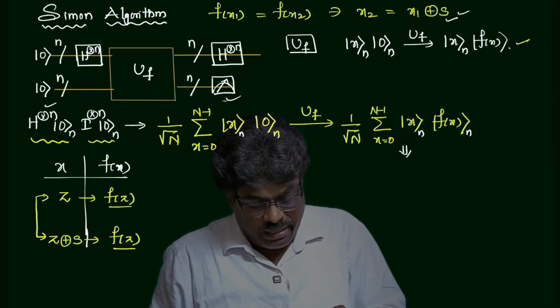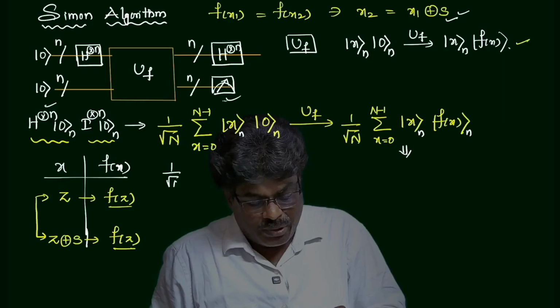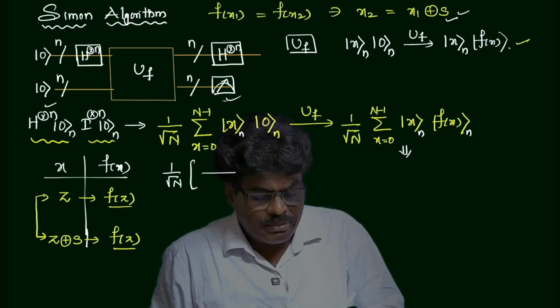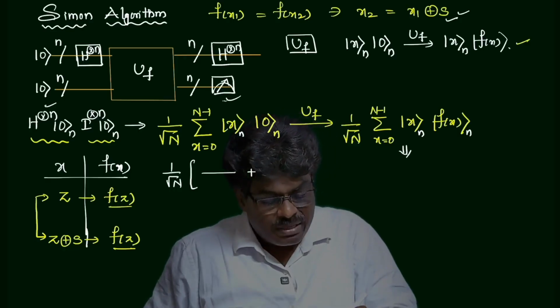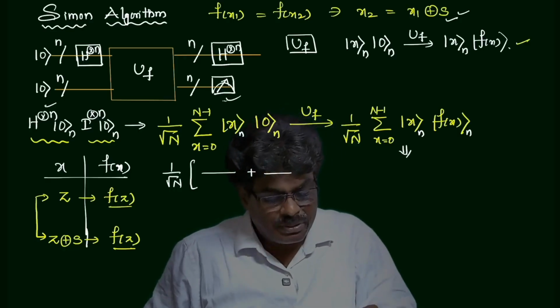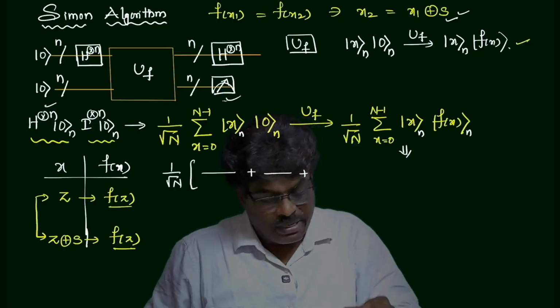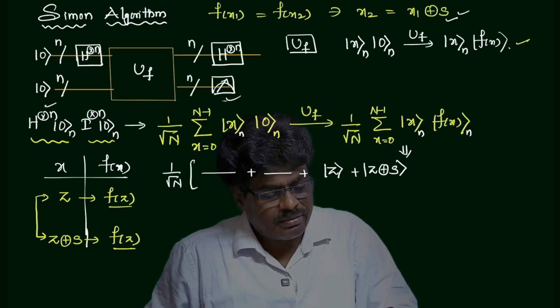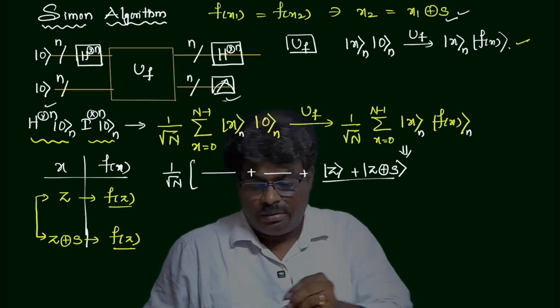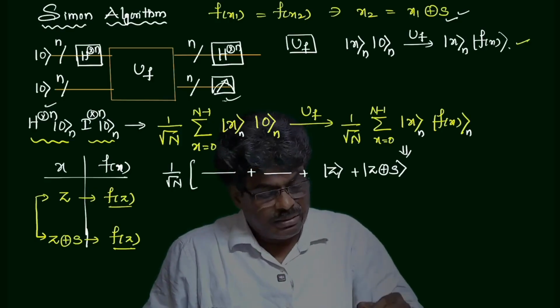Here again I'm going to expand this, 1 over root n, some combination of any two inputs, some other combination of two inputs, plus now I'm taking this z plus z XOR s.